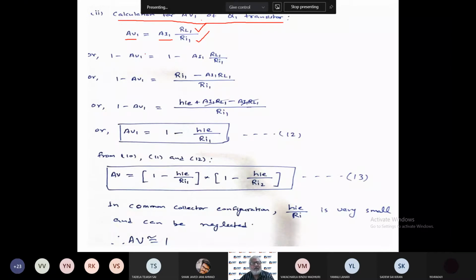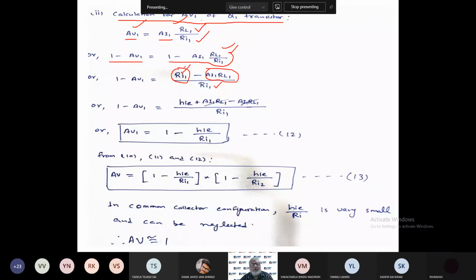On the left side and right side, whatever expressions we have, I will subtract them from 1. So I will get 1 minus AV1 and 1 minus AI1 RL1 by Ri1. Now I will somewhat simplify the right-hand side: in the denominator I get Ri1, and in the numerator Ri1 minus AI1 RL1.